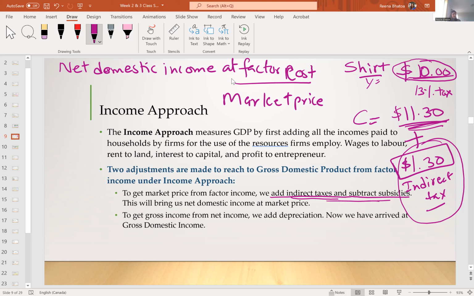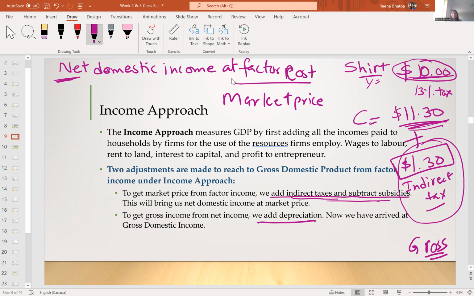Okay, we will reach net domestic income at market price, but this is net, and we have to reach gross domestic product, right? In order to do that, we will do one more adjustment, that is, add depreciation. Depreciation is actually consumption of capital.